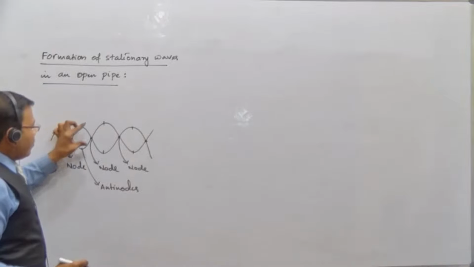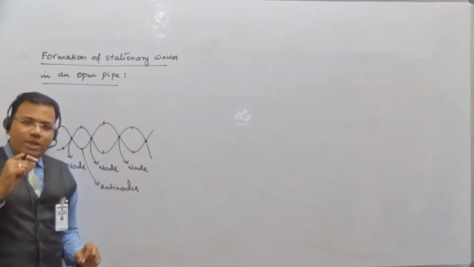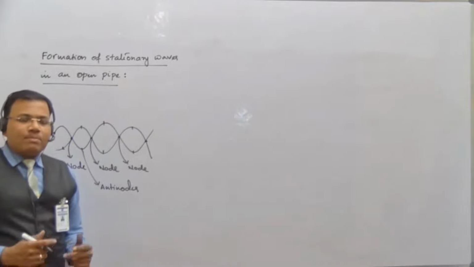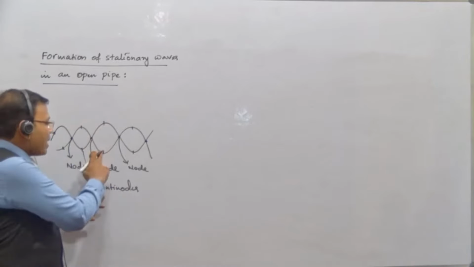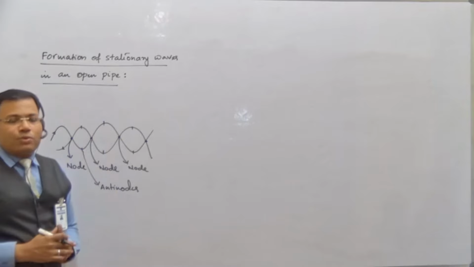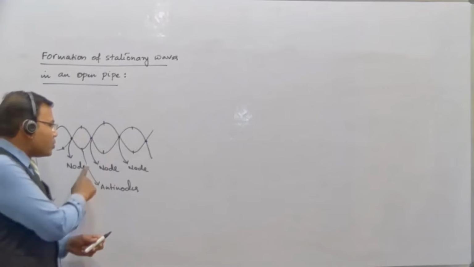This is one antinode, this is another antinode, this is another antinode. So where the amplitude is maximum, that is called an antinode, and where the amplitude is minimum, that is zero, that is called a node.